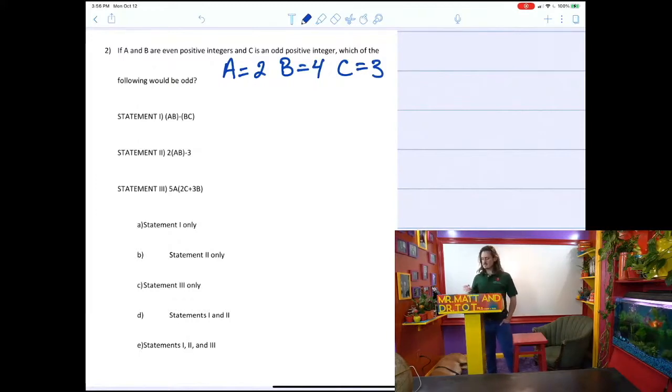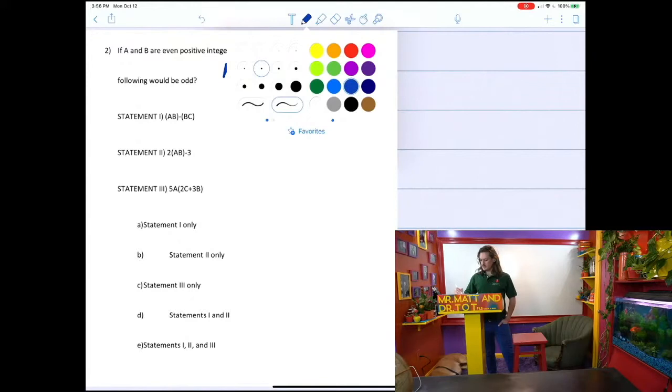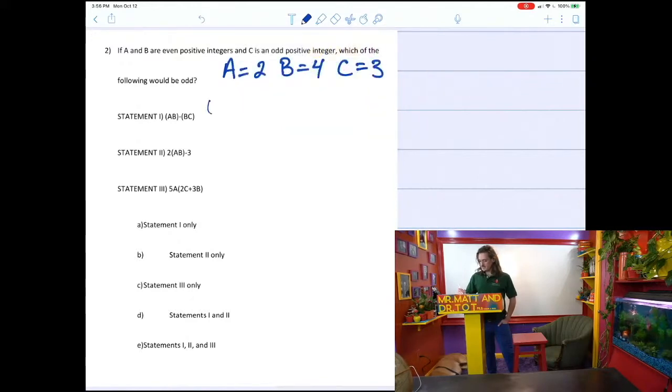So A times B, those are both even numbers. So this is really the same thing. Actually, let me get another pen here so I can save room. So this is going to be even times an even, minus B times C, which is going to be an even times an odd.